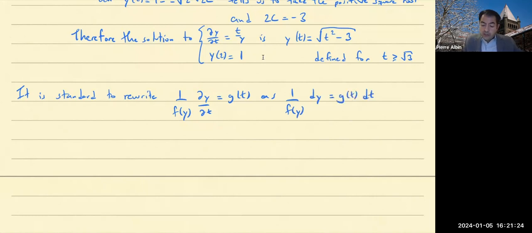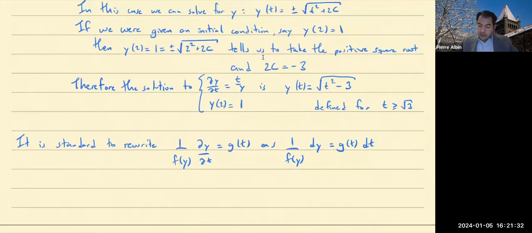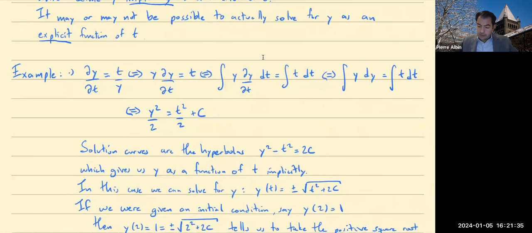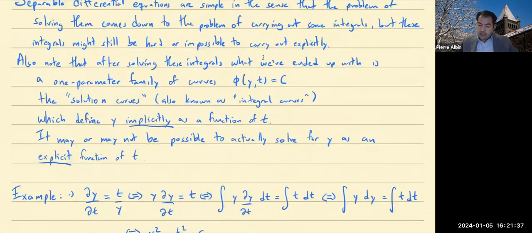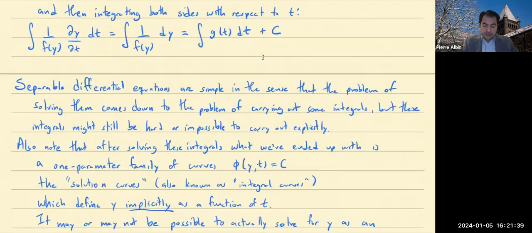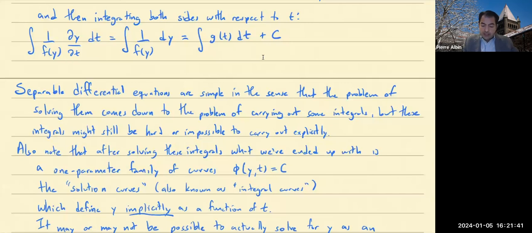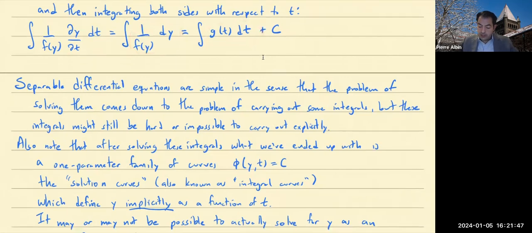Right? So this is an equality of differential forms, right? A differential form is something that you integrate. So here, this is, of course, exactly what we got in the general case. After we did our change of variable, then we ended up with the integral of 1 over f of y dy equals the integral of g of t dt.